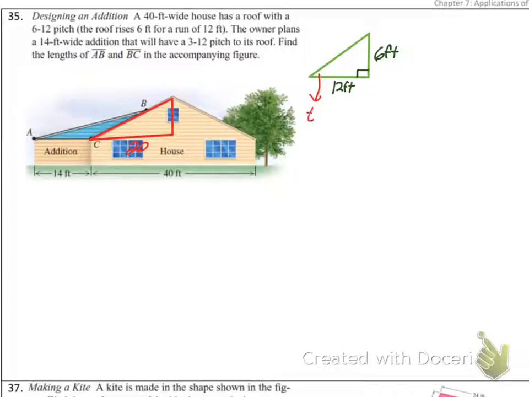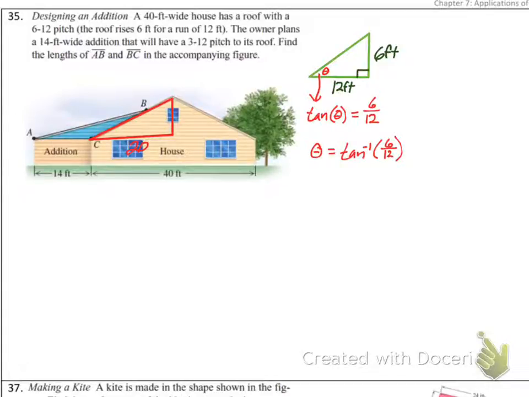So that would mean the tangent of, let's just go ahead and call this theta, so the tangent of this angle is going to equal opposite over adjacent, which would mean we go on our calculator and our angle equals the tan inverse of 6 over 12.